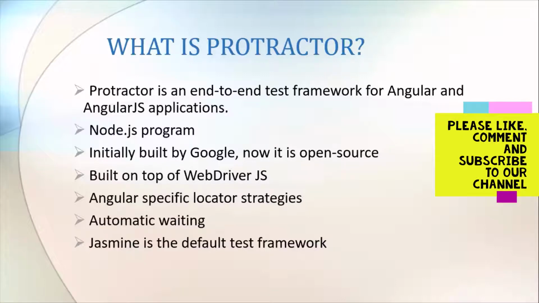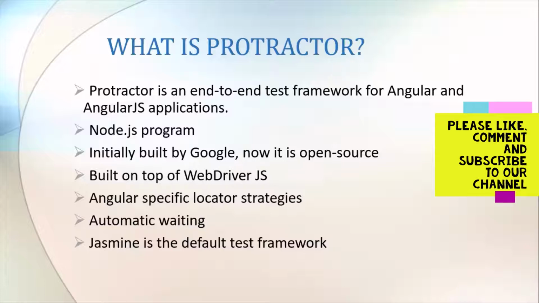So then the next biggest advantage is automatic waiting, right? So if you've worked with Selenium, there are different wait methods available in Selenium WebDriver, right? So you have got implicit wait, explicit wait, fluent wait. So there are so many wait methods you can use in Selenium. But with Protractor, you don't need to actually use those methods.